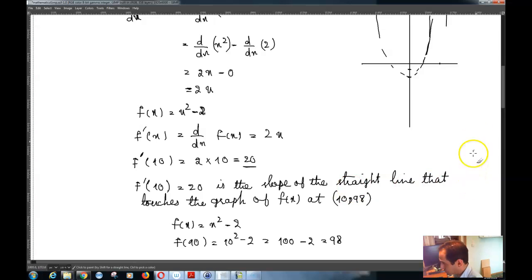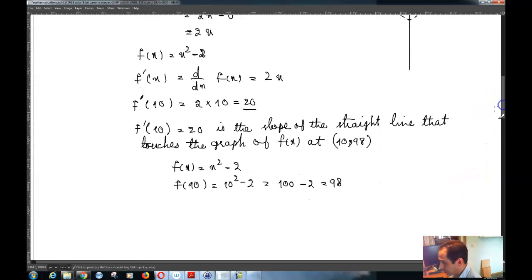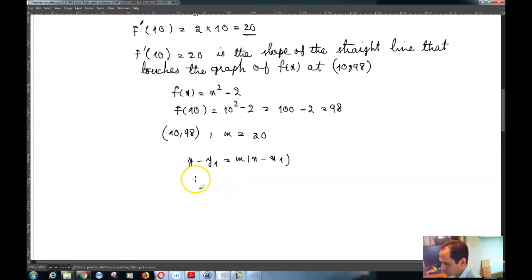So if the point is 10 comma 98, and if the slope of the line is 20, then y minus y1 is equal to m times x minus x1, and that gives you y minus 98 is equal to 20 times x minus 10.